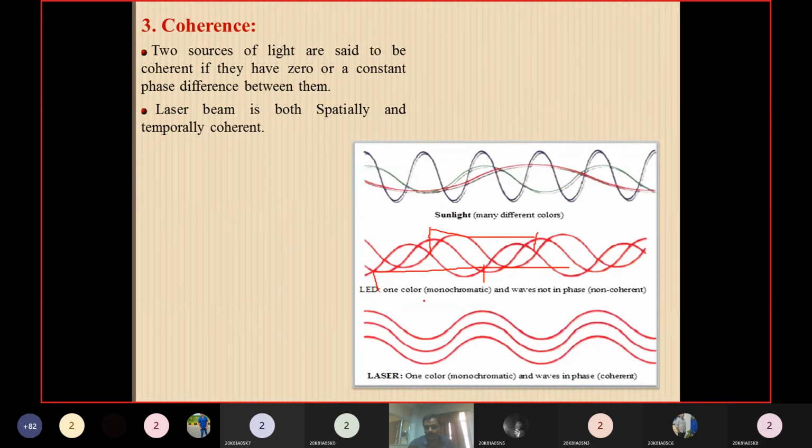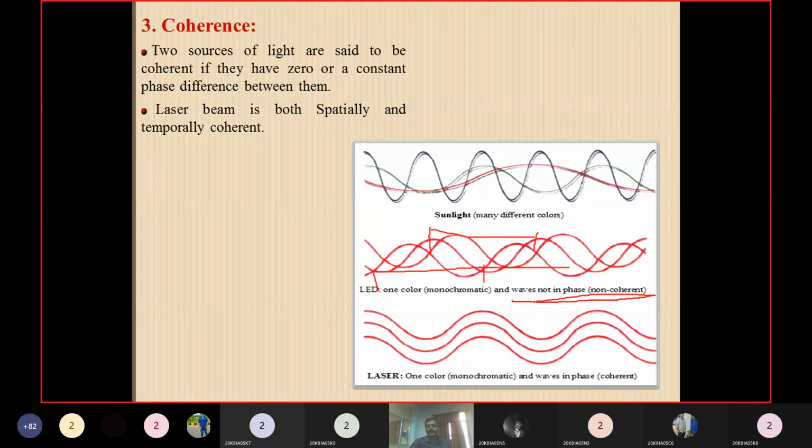Now, for one color, that means these are monochromatic. These all have the same wavelength, but they don't have the same phase.